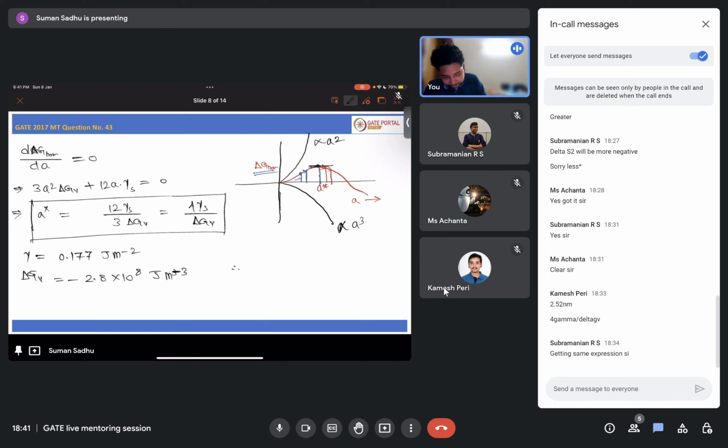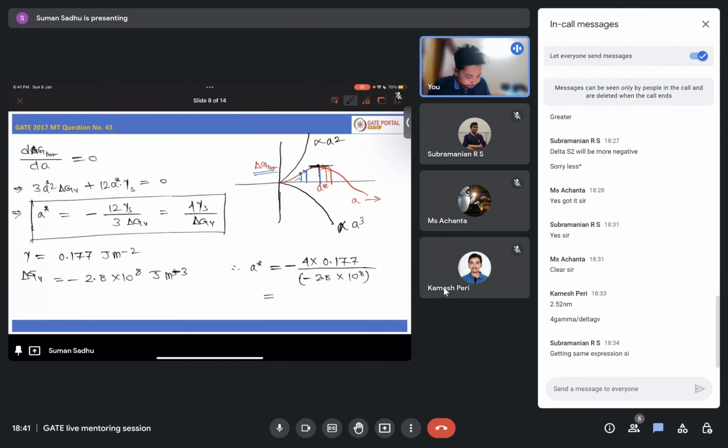Sorry, this will be a star, because we are considering the critical nucleus. So a star will be 4 times 0.177 divided by minus 2.8 into 10 to the power 8.